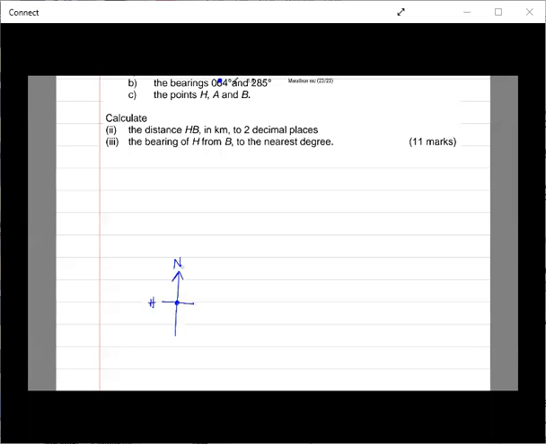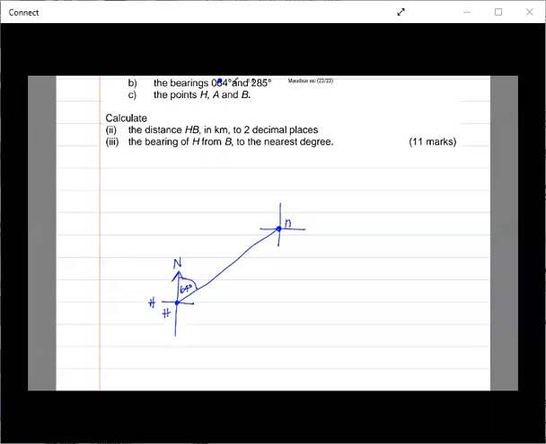Now, I then sail on a bearing of 64 degrees. That will put me somewhere in this direction. Bearing is measured clockwise from north, so the 64 degrees is this angle here. I sail from H to A. So this is the point A.